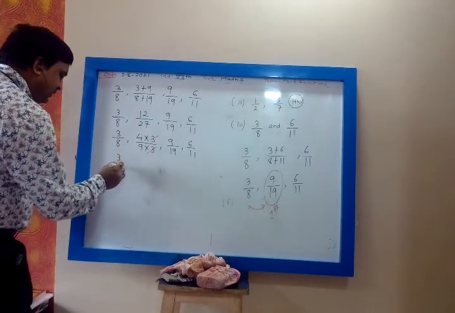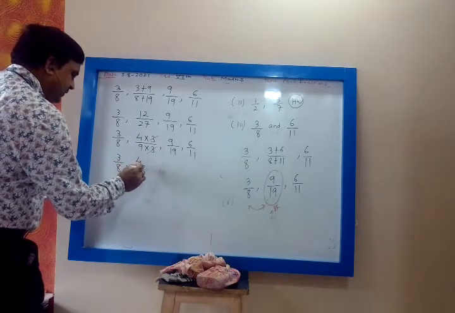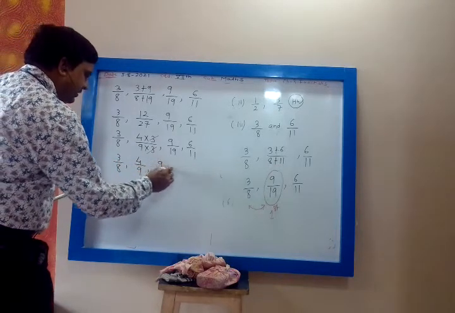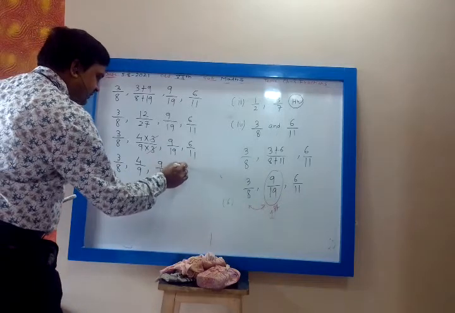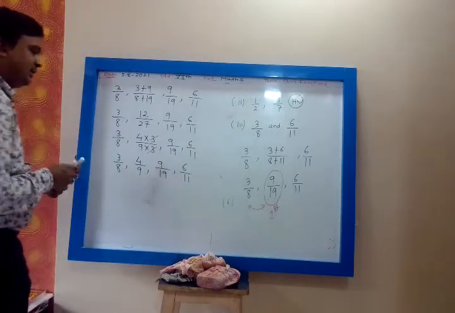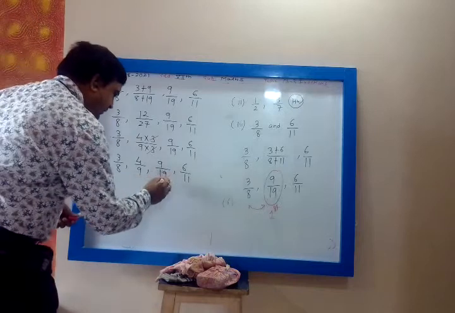3 by 8, then 4 by 9, then 9 upon 19, and 6 by 11. Now to get the third fraction, I will simplify these two.